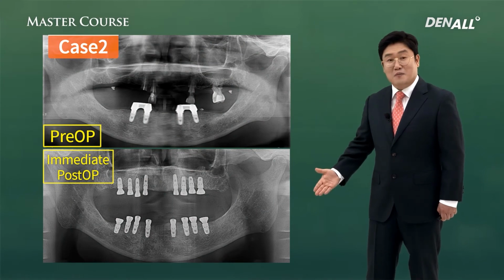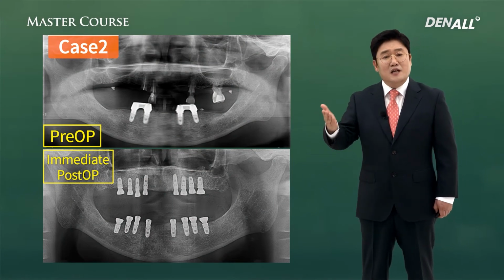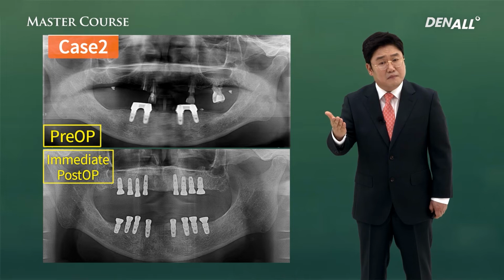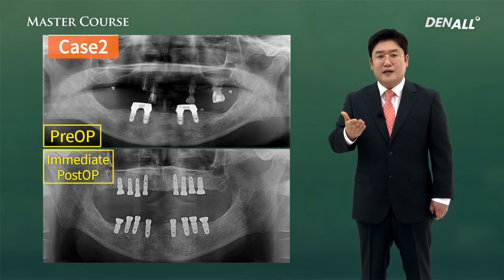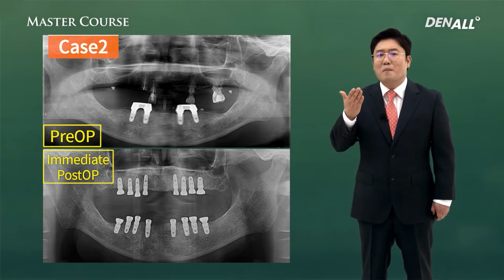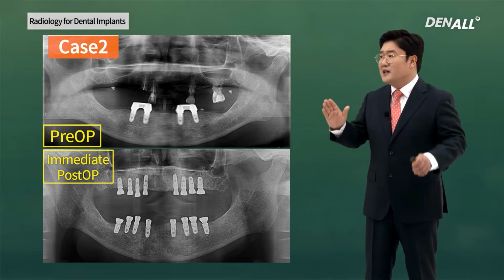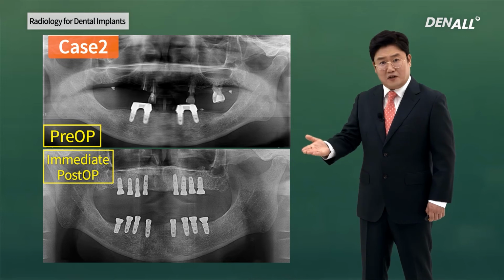If you compare pre-op and post-op, such a digitally guided implant surgery, what enabled that? Right, CBCT or cone beam CT made it possible. Without that, this guided surgery cannot be performed.